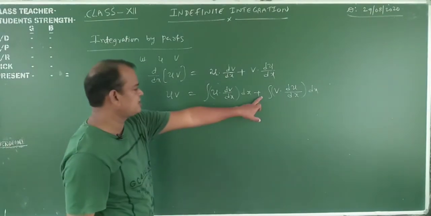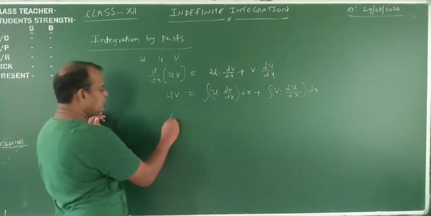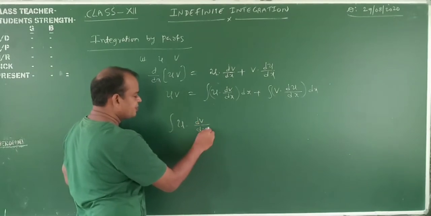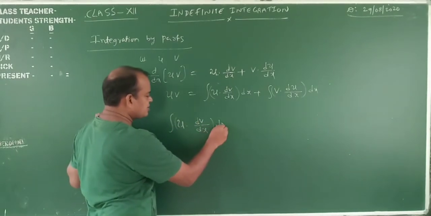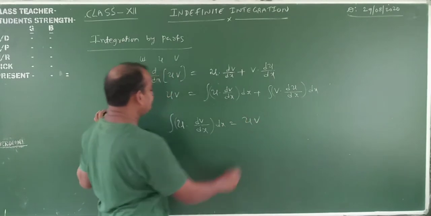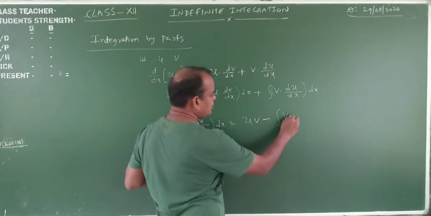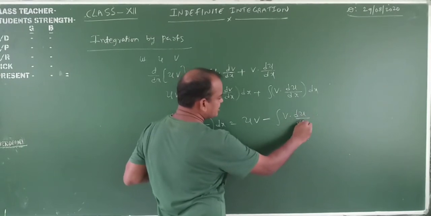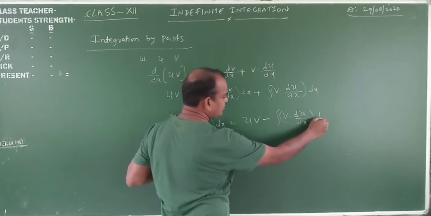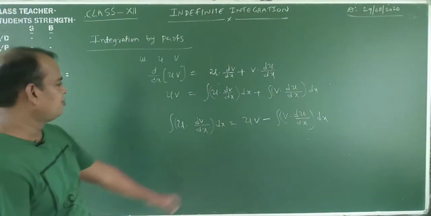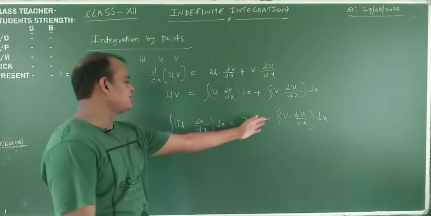Now we write u into dv by dx integrated with respect to x is equal to uv minus the integral of v into du by dx into dx.